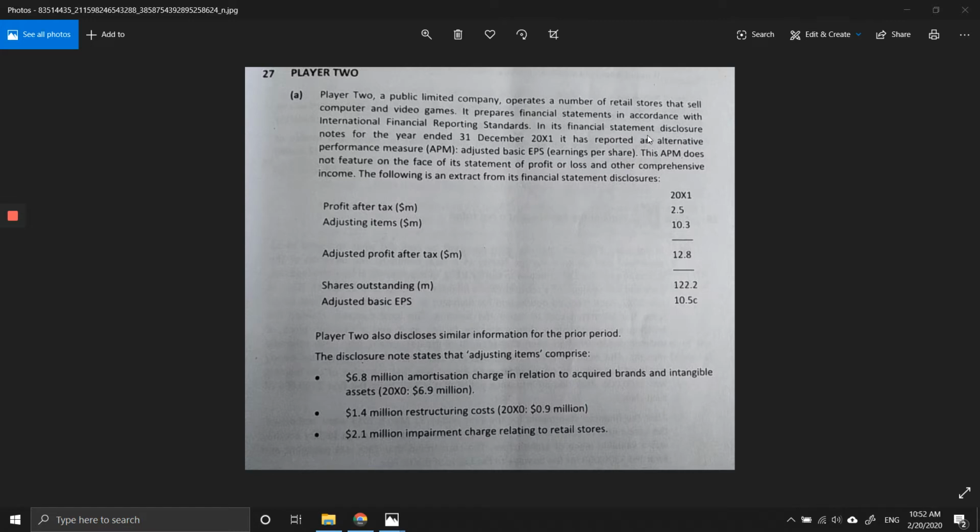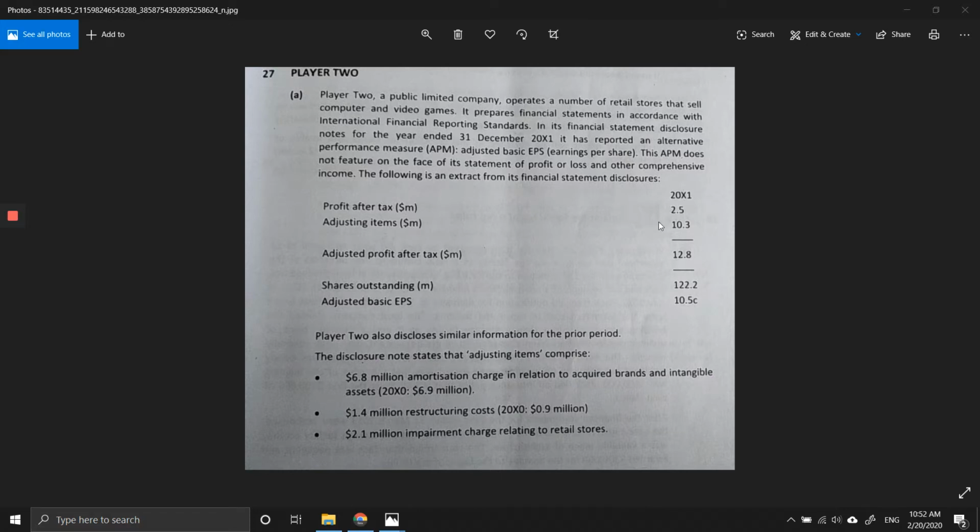In its financial statement disclosure notes for the year ended 31st December 20X1, it has reported an alternative performance measure, APM, adjusted EPS. The APM does not feature on the face of its statement of profit or loss and other comprehensive income. The following is an extract from its financial statement disclosures.